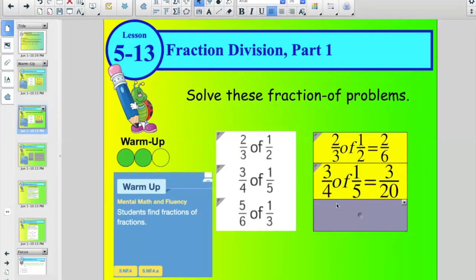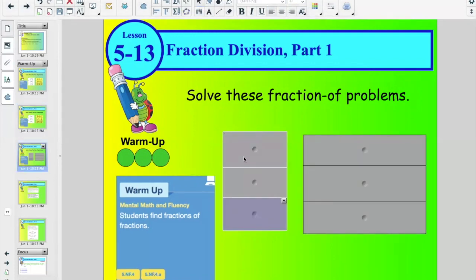And 5/6 of 1/3, that equals 5/18. We can see the pattern continuing of multiplying the numerators in the factors to find the numerator of the product, and just multiplying the denominators of the factors to find the denominator of the product.